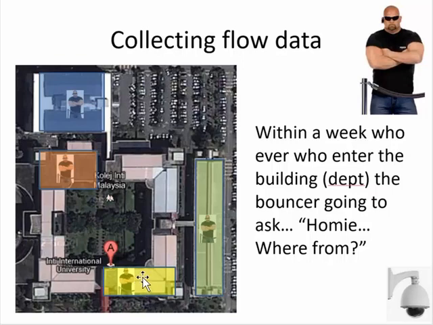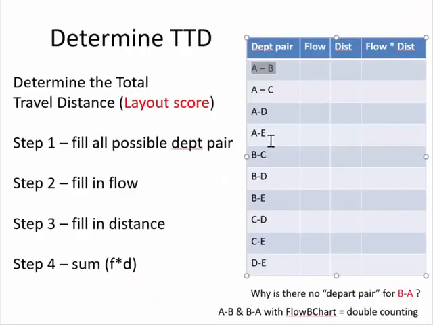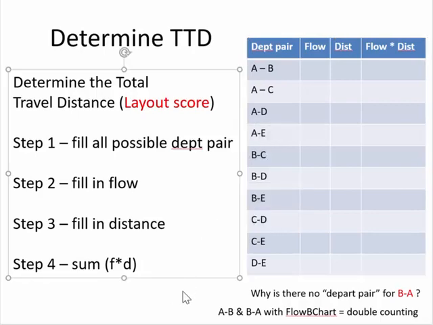However, if the student travels within the department, or in this case A to A, that would not be considered a flow, travel frequency, or interaction. Because of that, you never see A to A, B to B, or C to C as a possible department pair of travel.